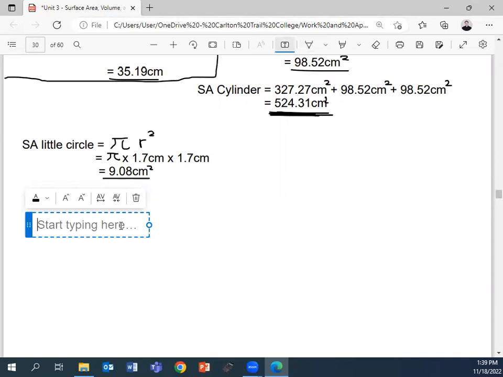The total surface area is equal to cylinder plus cone minus little circle. I'm just going to put LC, little circle. Saves us some time writing.